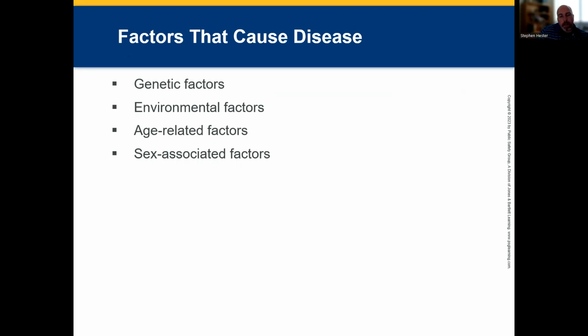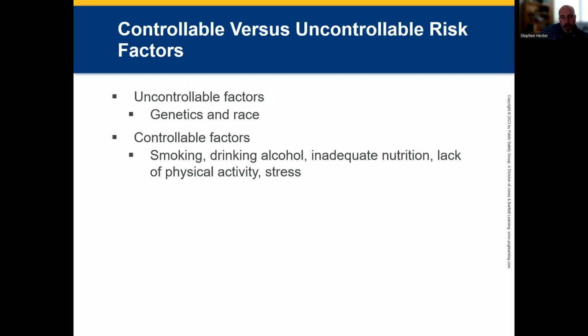Some genetic factors, environmental factors, age-related factors, and sex-associated factors can all cause different diseases. Uncontrollable risks are genetics and race. Controllable ones are smoking, drinking alcohol, inadequate nutrition, lack of physical activity, and stress.